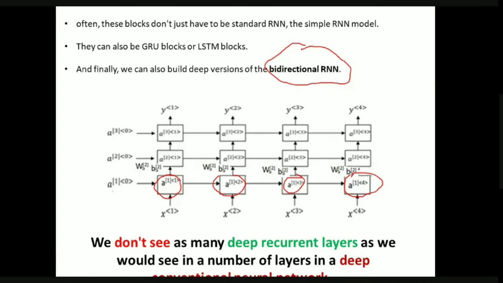The last thing I wanted to say is, as already discussed, we won't see a large number of deep recurrent layers compared to a conventional neural network. Why? Because of the temporal dimension. So this is all about the deep recurrent neural network.